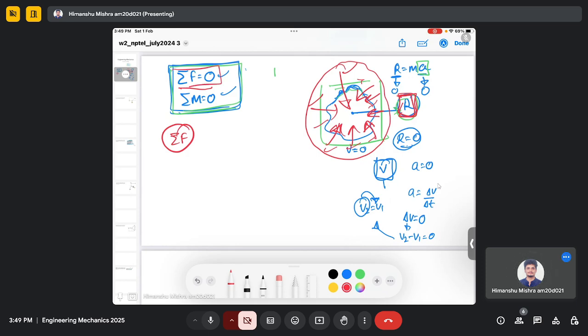So let's say you have forces on this body due to different cases, F1 to Fn. Now there can be non-zero F1, F2, F3, F4 or F5, but the summation of all these forces should be 0 in order to satisfy the equilibrium condition. And the same goes for the summation of moments.